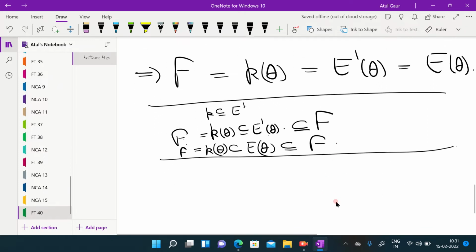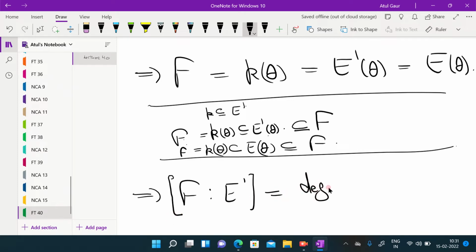So that means the degree of F over E dash, this is same as the degree of MMP of theta over E dash.